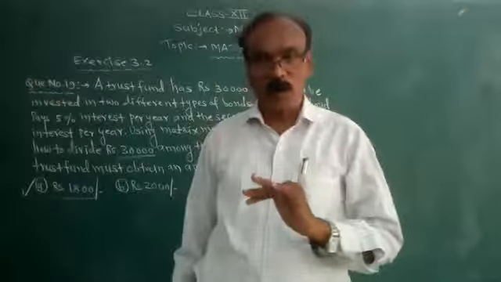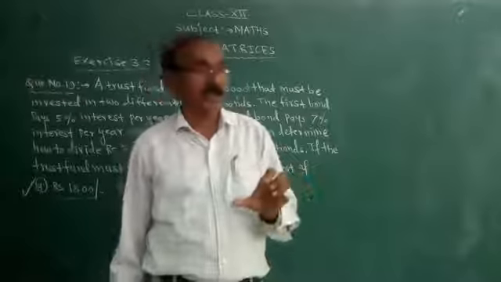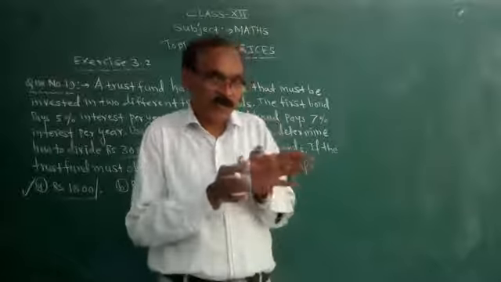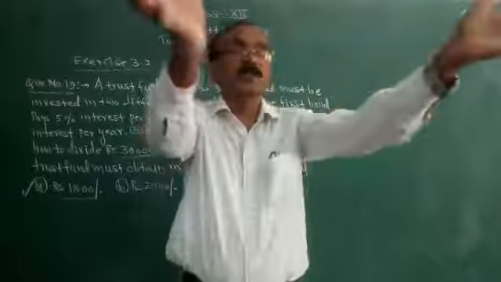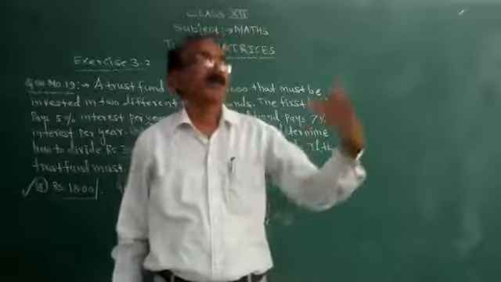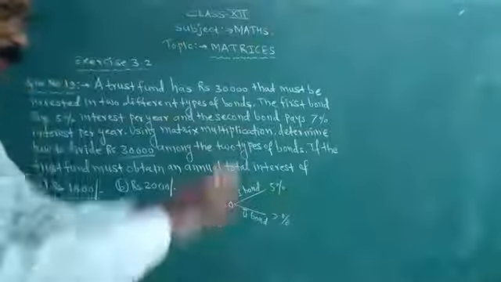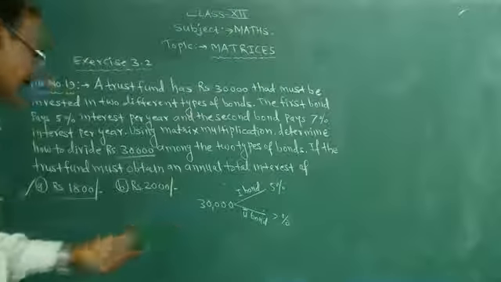If the trust wants rupees 1800 as a total interest by investing this 30,000 rupees in two different bonds at the rate of 5% per annum and at the rate of 7% per annum. So how to write this information in matrix form to get the answer?